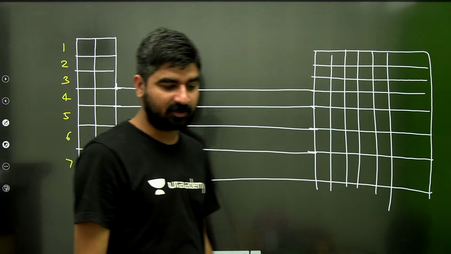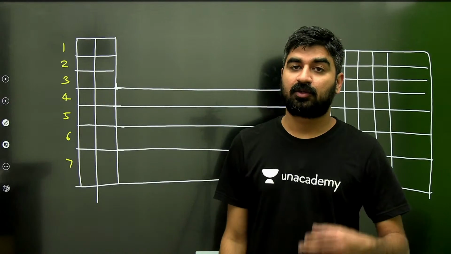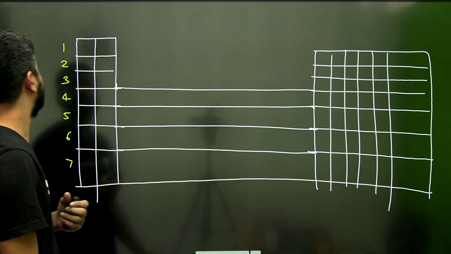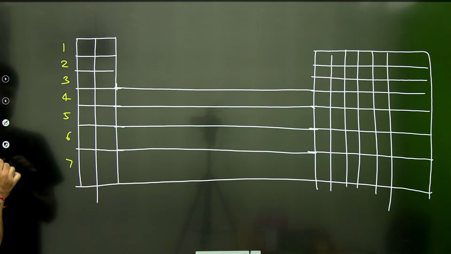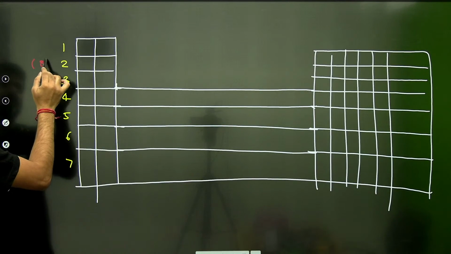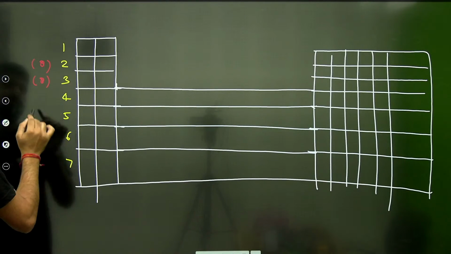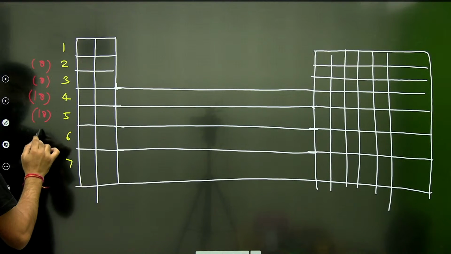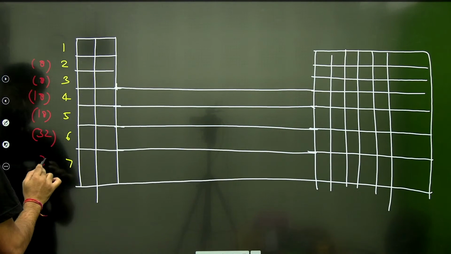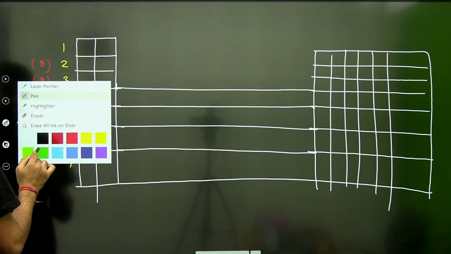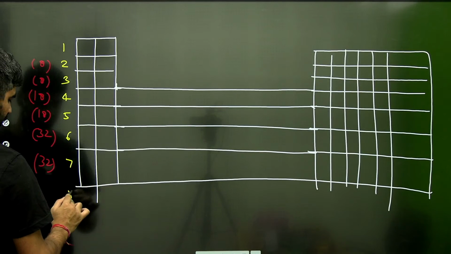Now listen to me carefully, because why were we calculating the number of elements in the period? Now you know that in the second period you had 8, 8, and here you have 18, 18, 32, 32. And what would the period number be if there had been an 18th element? There would have been an 8th period.